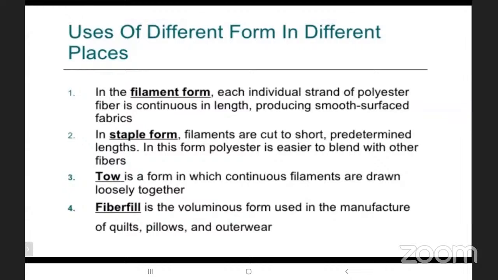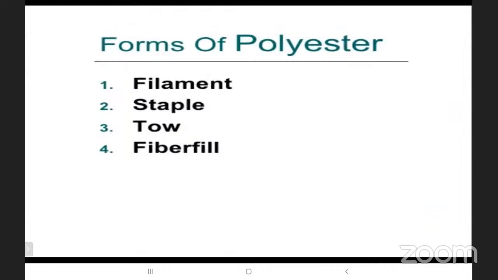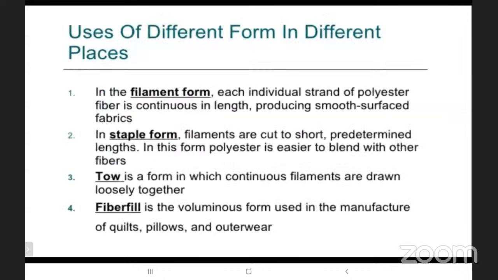So in the filament form, each individual strand of polyester fiber is continuous in length, producing smooth surfaced fabrics.